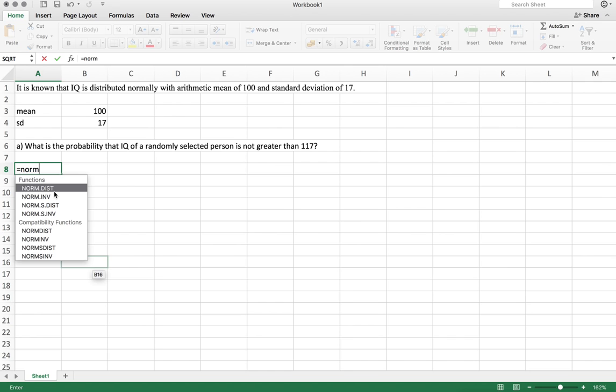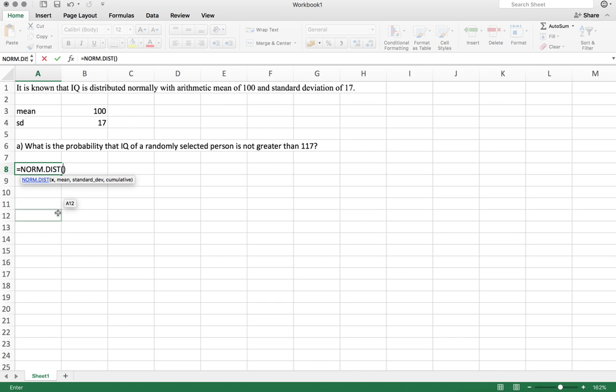So we will select NORM.DIST. As you can see, the required parameters are the x, meaning the value that we are looking for, so 117, the mean, which we can pick up from above, and the third parameter is the standard deviation, which we will also pick up from where we left it earlier. And then there's this parameter which can have values either true or false.